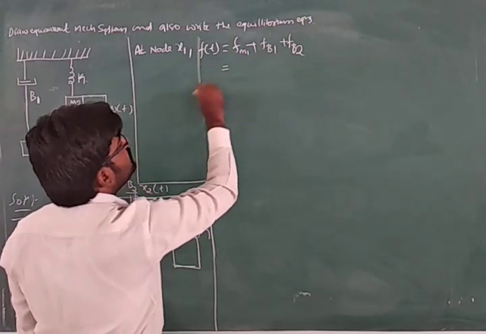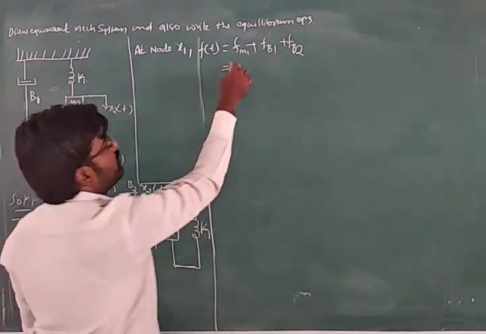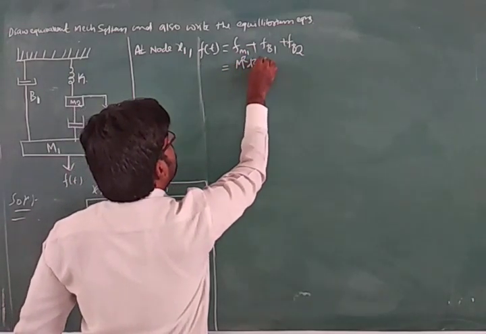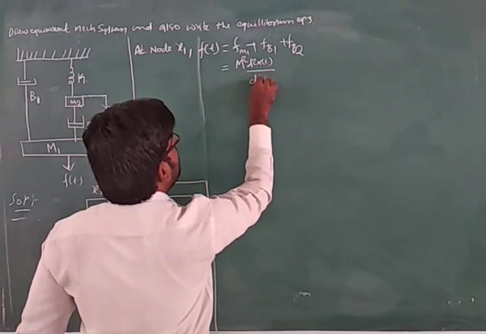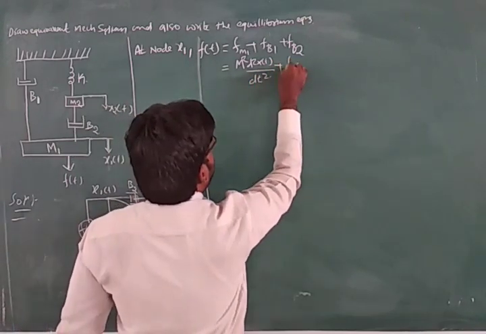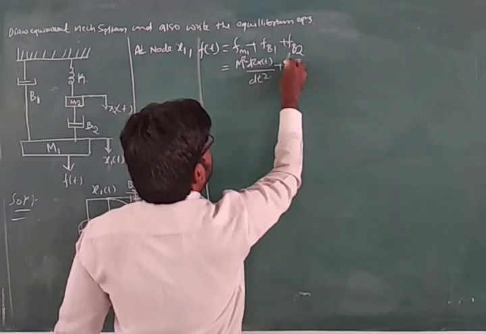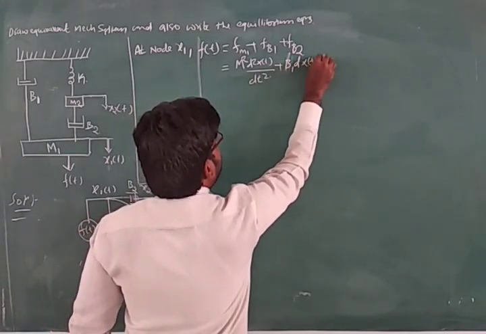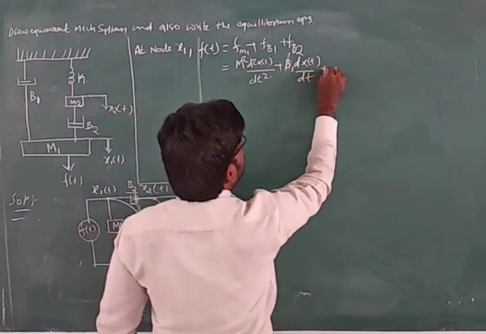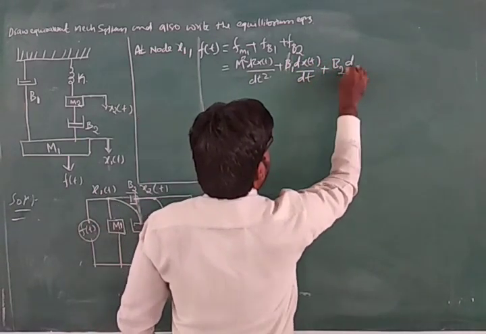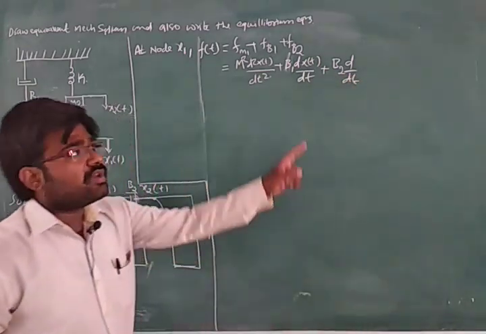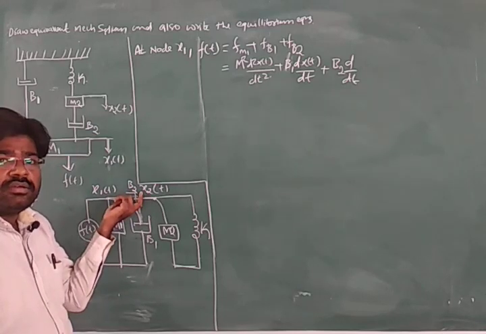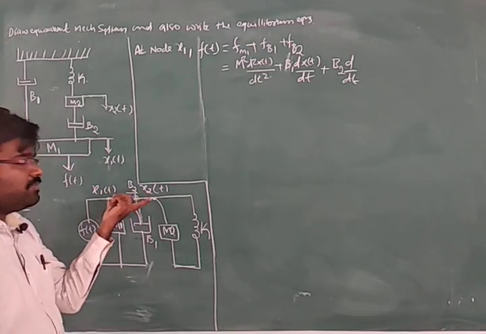Further you simplify this, what you will get? Force on mass m1 is m1 d square x of t divided by dt square, plus f b1 is b1 into dx of t divided by dt, plus b2 into d by dt of, here observe carefully, the force acting on b2 is influenced by two displacements.